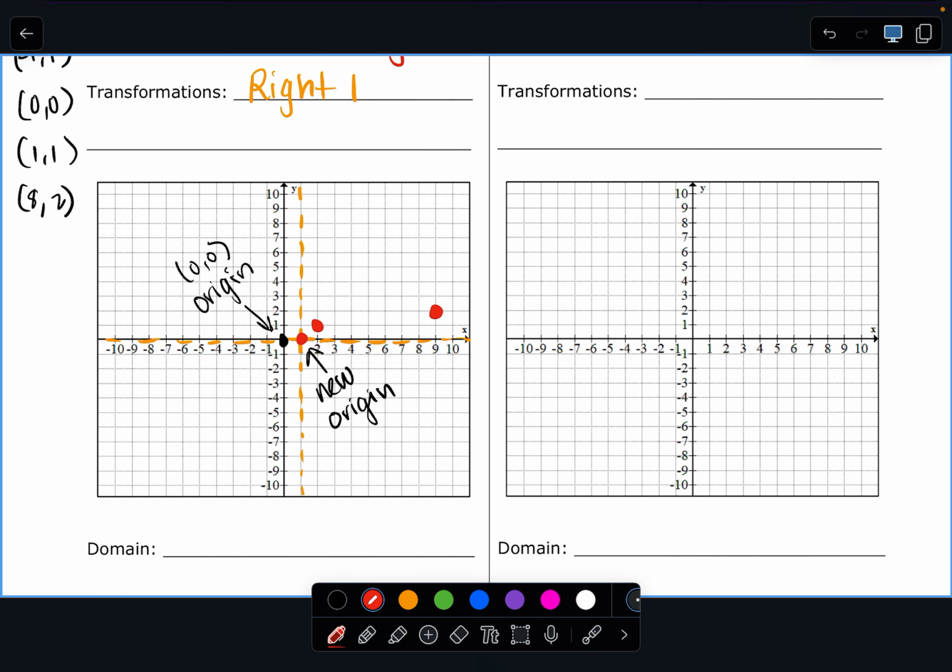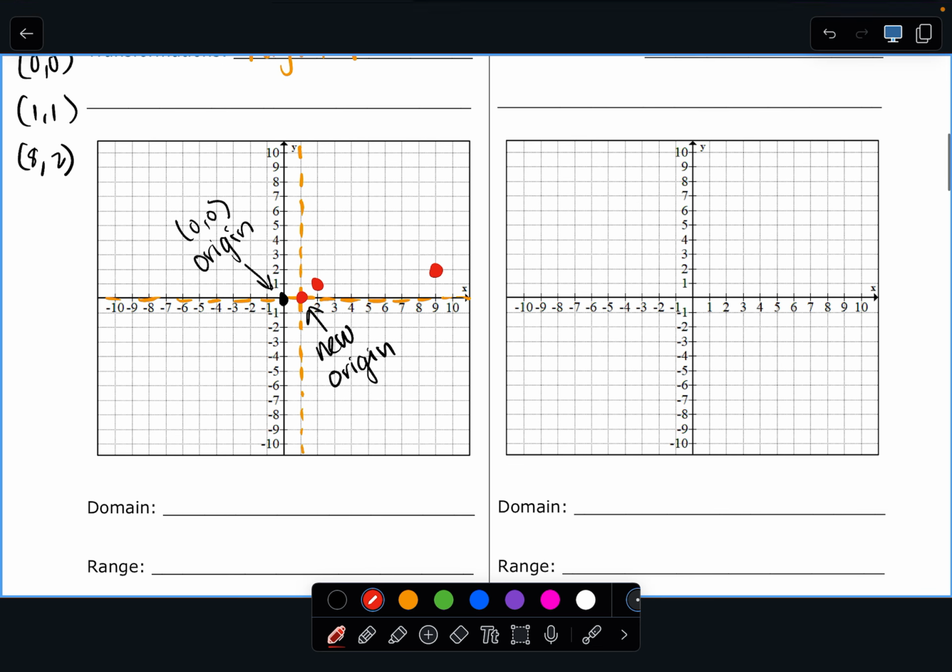All I'm doing is counting from that new origin point. So I went right 8, up 2. I went right 1, up 1. And then when I look at my other 2 key points for a cube root, that is left 1, down 1.